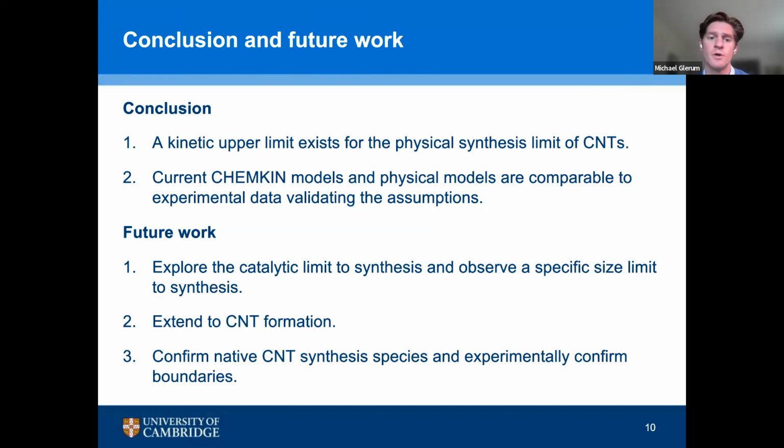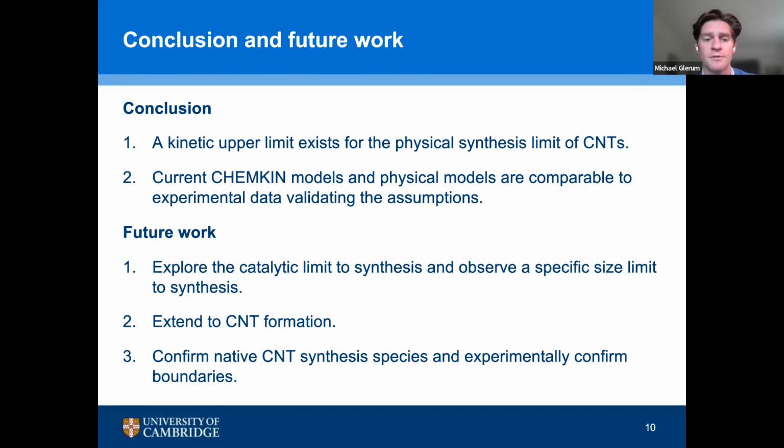In terms of future work, my team of experimentalists is able to try and see where those specific size limits actually are. Colloquially, it's all written up in the literature, but in reality, no one has really tried to specifically observe that as a study.